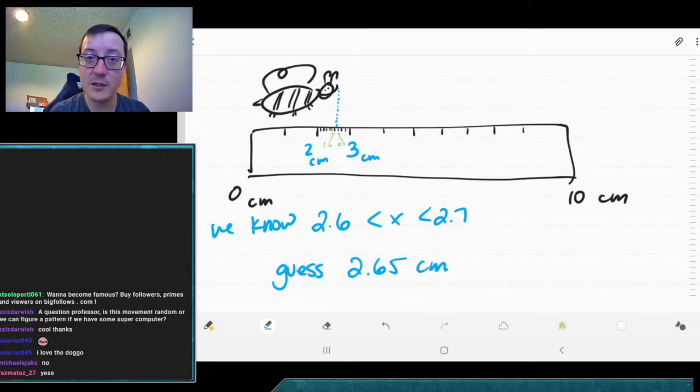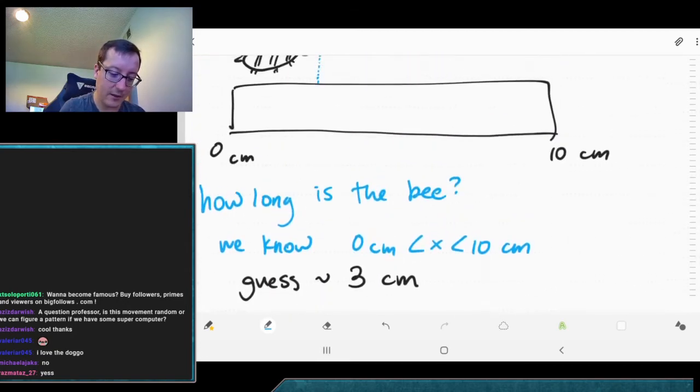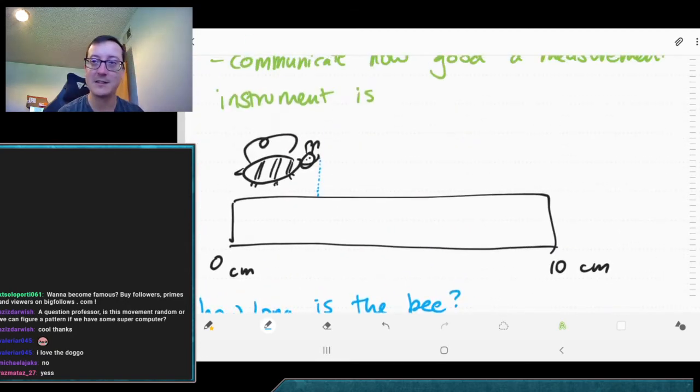What's important to note here is that as our instrument got better, we get more numbers out of it, right? Would it make sense to say on this very first one, 2.65? Who would guess that, right? You don't know that. You have no way of saying 2.65, 2.72. You know it's between 0 and 10, and that's it.